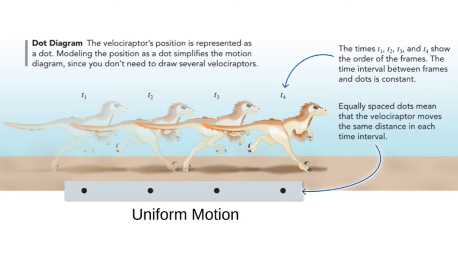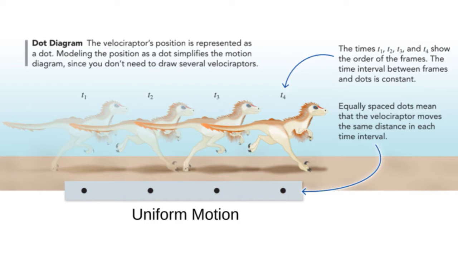To simplify a motion diagram, you can model the object as a simple dot. A dot diagram is a motion diagram where the object of interest has been reduced to a single point. A key feature of a dot diagram is that the time step between each dot is held constant. The velociraptors shown here can be represented as a dot. Modeling the velociraptor's motion as a dot simplifies the entire motion diagram, keeping you from having to draw several velociraptors.